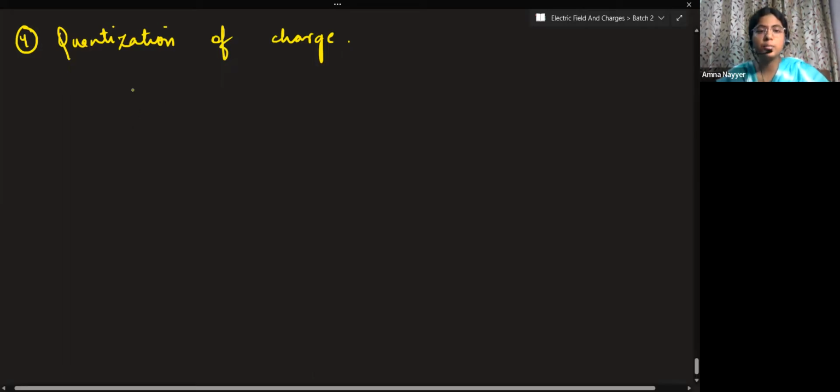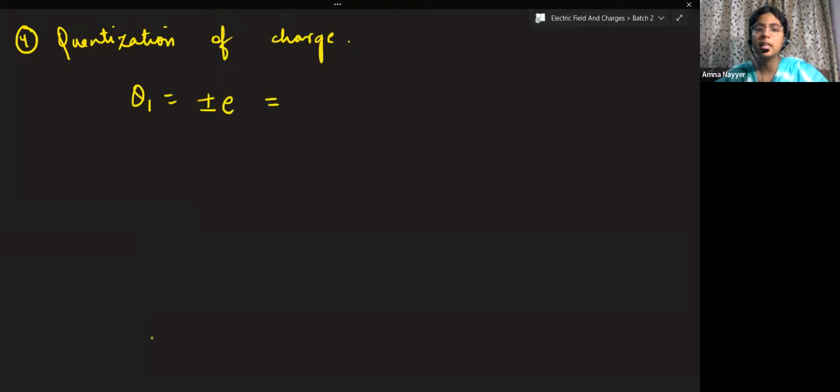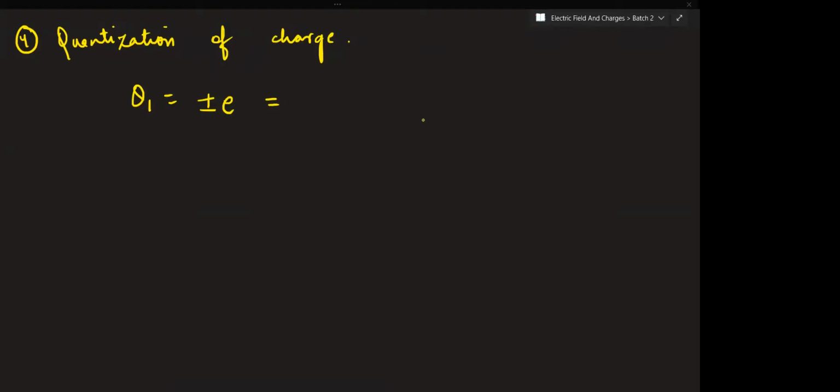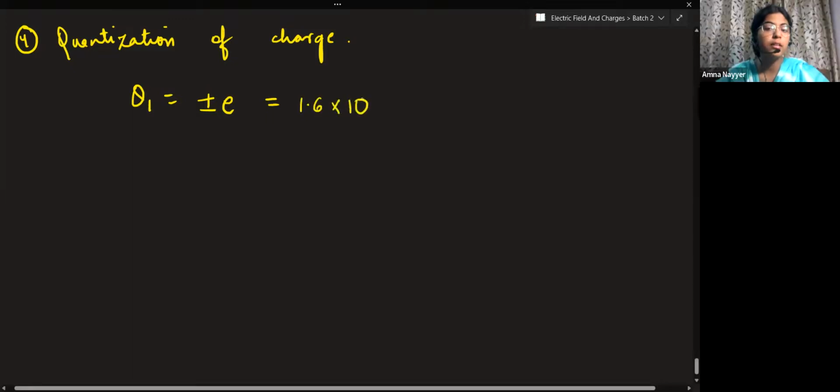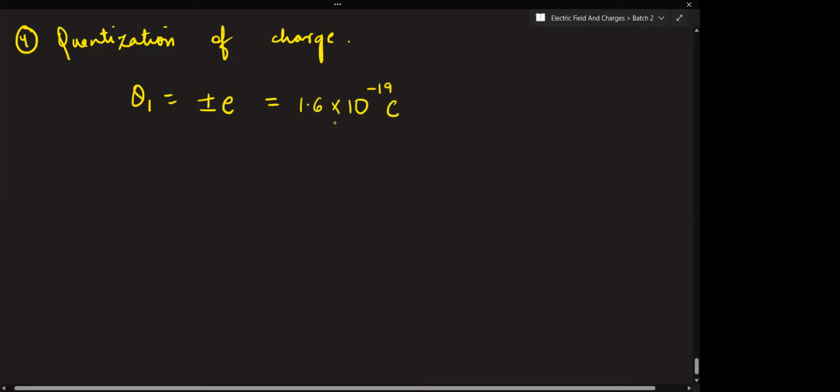Quantization of charge means what? See, if I have Q1 with me as plus minus E. Krishna, you tell me, what is the electronic charge present? What is the value of this E in terms of coulomb? 1.6 into 10 to the power minus 19.